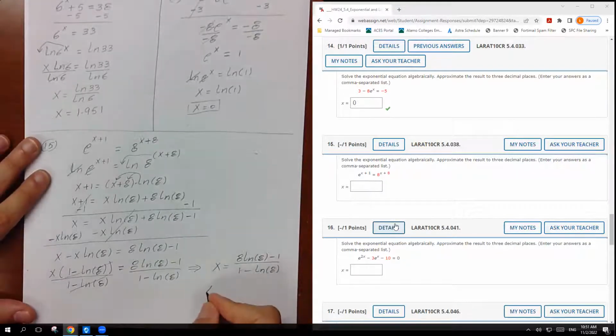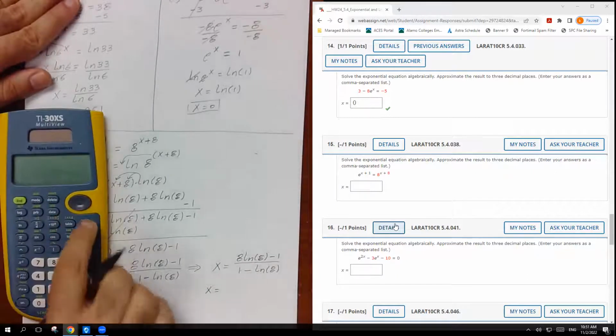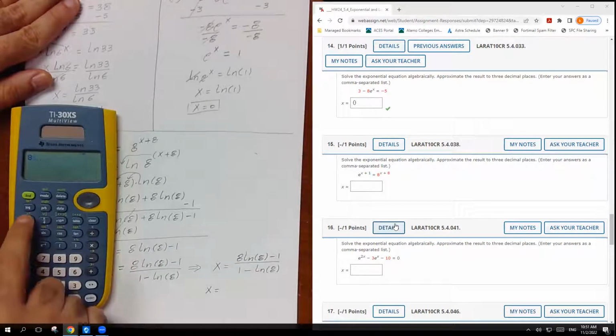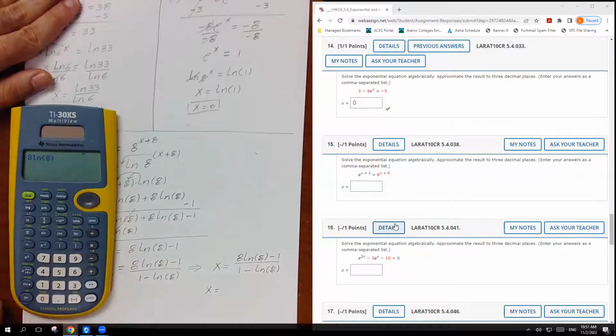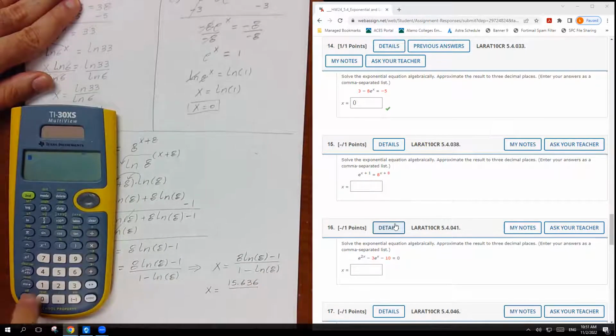That means x is going to be equal, we're going to type 8 ln 8, close the parentheses, minus 1. It's going to be 15.636. I'm rounding the number to 3 decimal places.